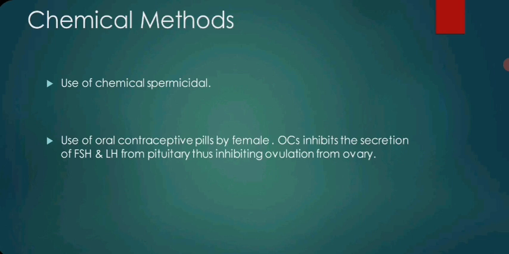What does it do? It inhibits the secretion of follicle stimulating hormone and luteinizing hormone from the pituitary, and because of the inhibition of these hormones, ovulation does not take place. As ovulation does not take place, the next process does not happen, so prevention of pregnancy takes place.